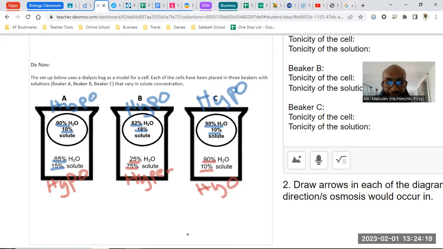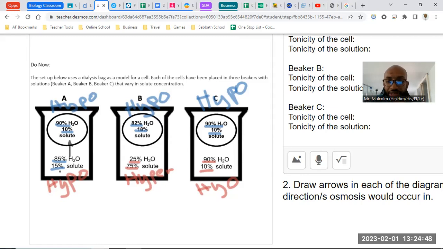Drop that in the chat for me. Which way do you think? Inside to outside? We're talking about A, we're looking at A for right now. Which one would it be? Going from inside the cell to outside, or should it go from outside to inside? We got more water on the inside. All right, we see some people saying that it should go this way.